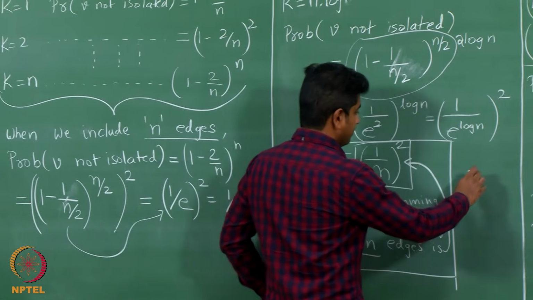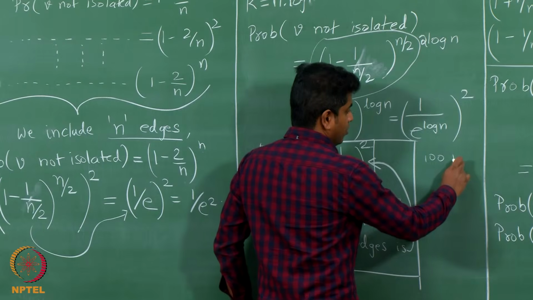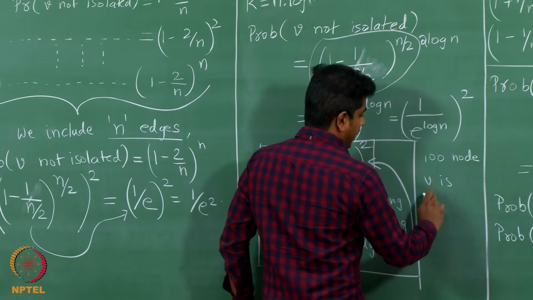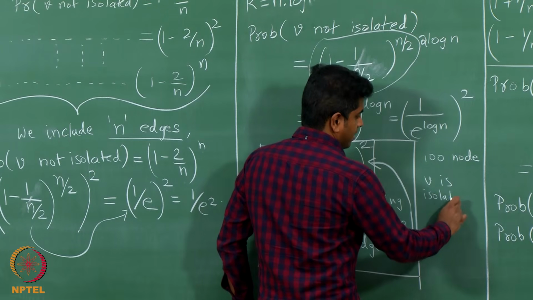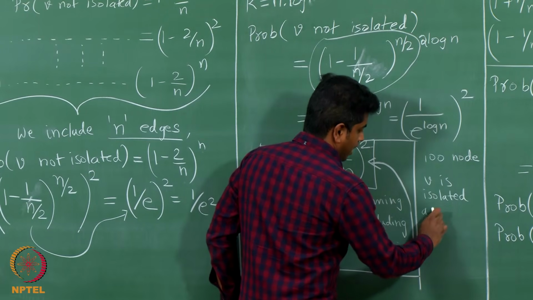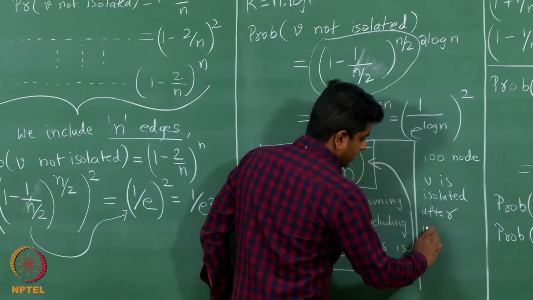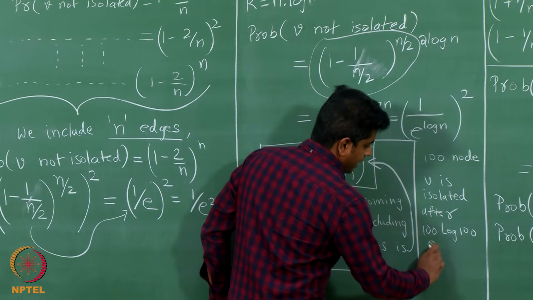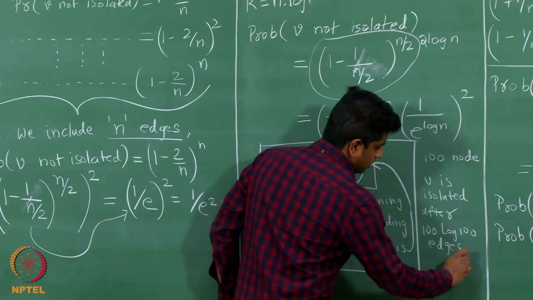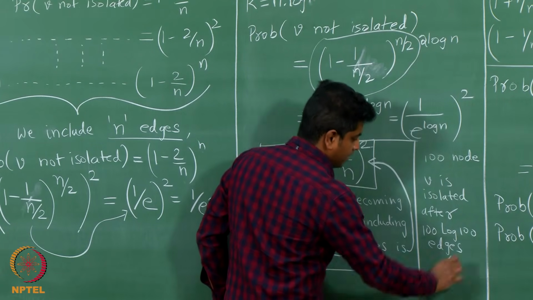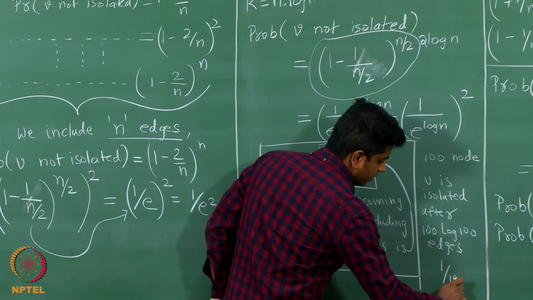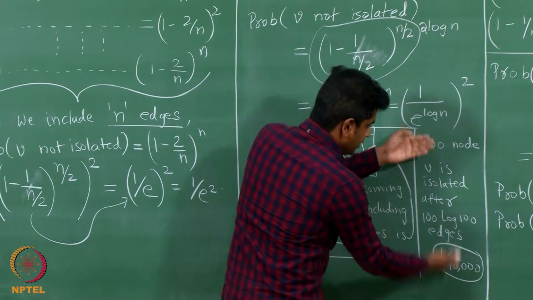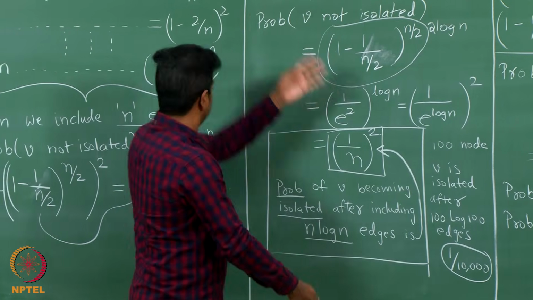So by that I mean in a 100 node network, v is isolated after putting 100 log 100 edges. The probability for this to happen is 1 over 10,000 is what my observation says.